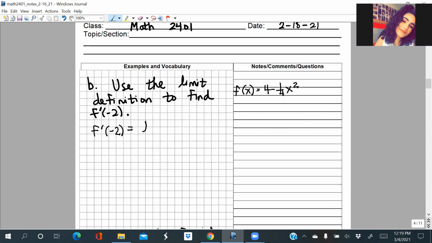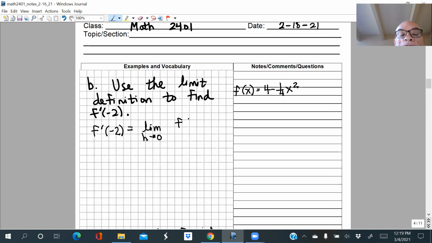Limit, right, and you can abbreviate that slightly. Limit as the increment h approaches 0 of f of -2 plus h minus f of -2, over -2 plus h minus -2.